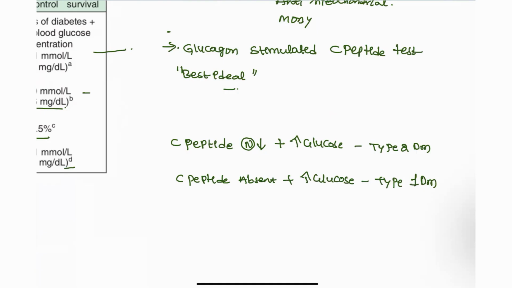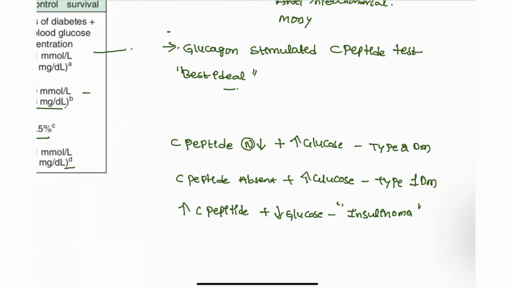Okay, this is how we are going to see. And if the C-peptide is high, along with the glucose being low, this is known as an insulinoma condition.